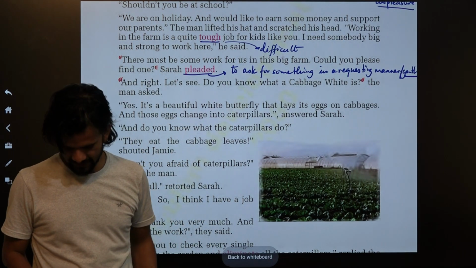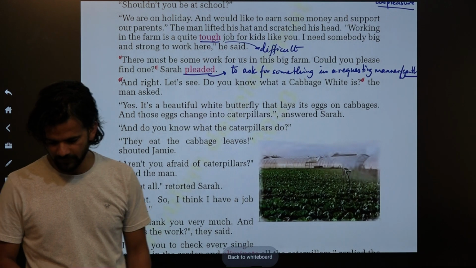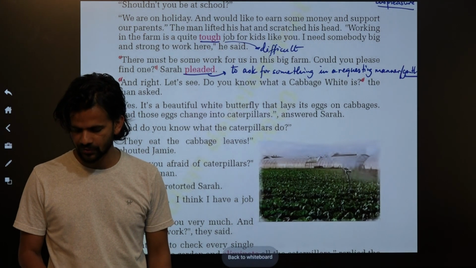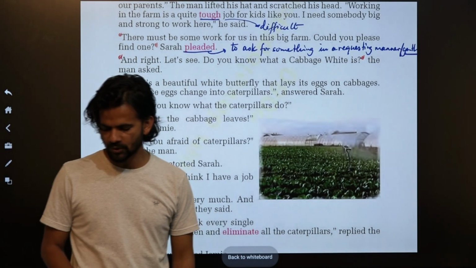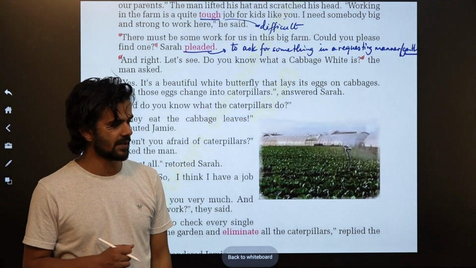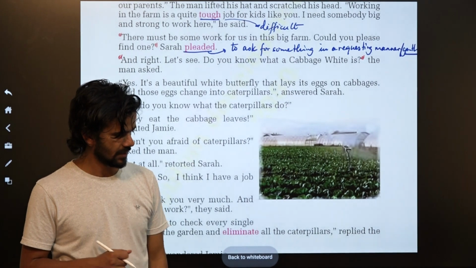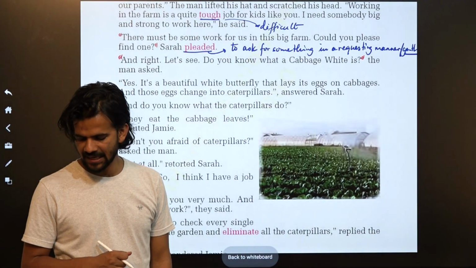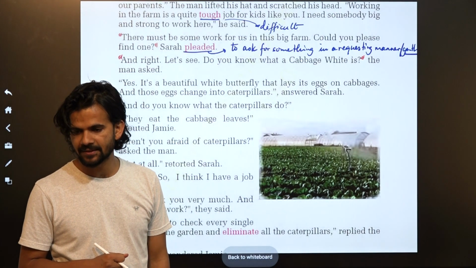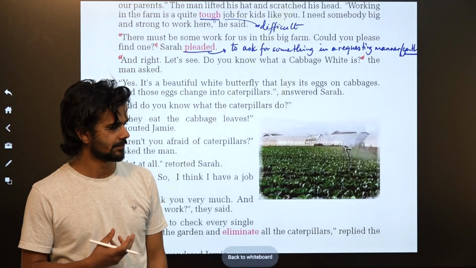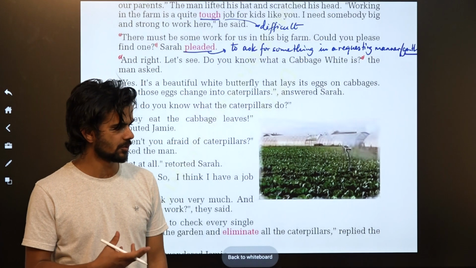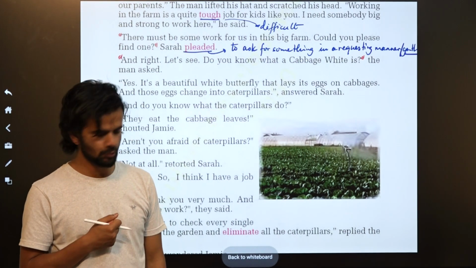Yes, it's a beautiful white butterfly that lays its eggs on cabbages. So cabbage whites are beautiful white butterflies and they lay eggs. Where do they lay their eggs? On the cabbage. To lay means to give birth or to produce.